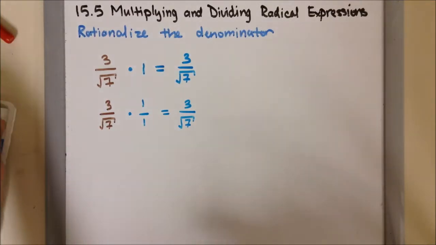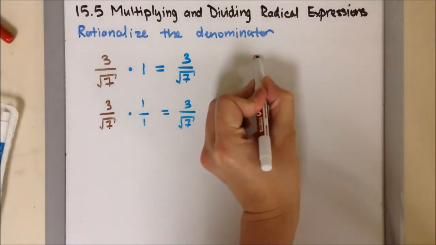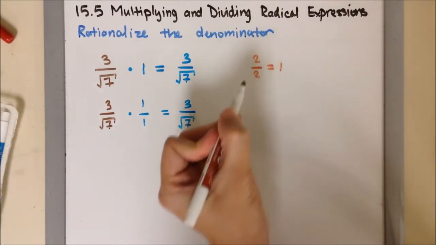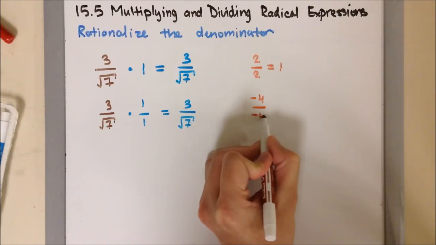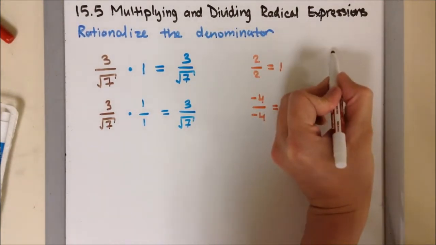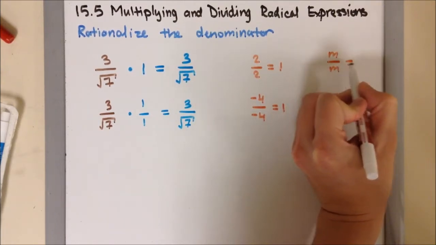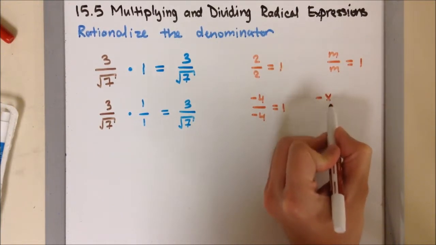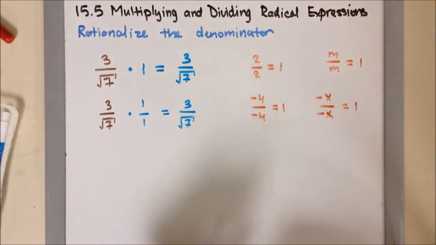What I mean by a different fraction is that if, say, we had 2 over 2, that equals 1. Or negative 4 over negative 4, that also equals 1. Say we had m over m, equal to 1. Or negative x over negative x, also equal to 1.